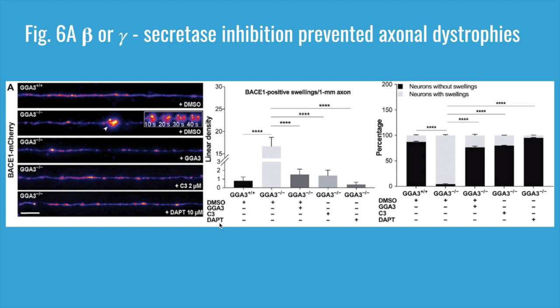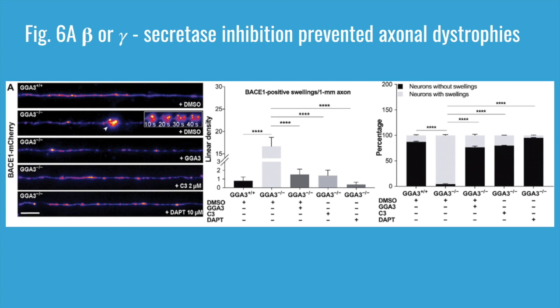Now, when comparing the neurons in these different conditions, we can see that in the case of just the GGA3 deletion neurons, we are having, once again, BACE accumulation with a higher linear density and a higher percentage of neurons with swellings. But in the neurons with the GGA3 reintroduction, it's returning to the endogenous levels. And then we're also seeing the same happen in the GGA3 deletion neurons that have had either beta secretase or gamma secretase inhibited.